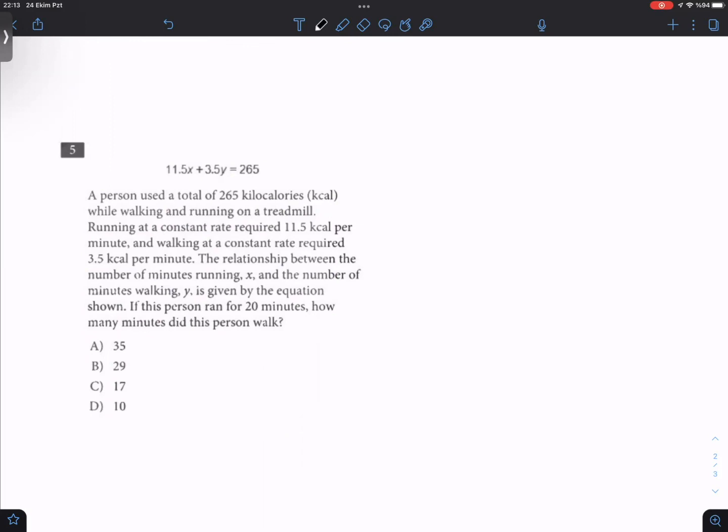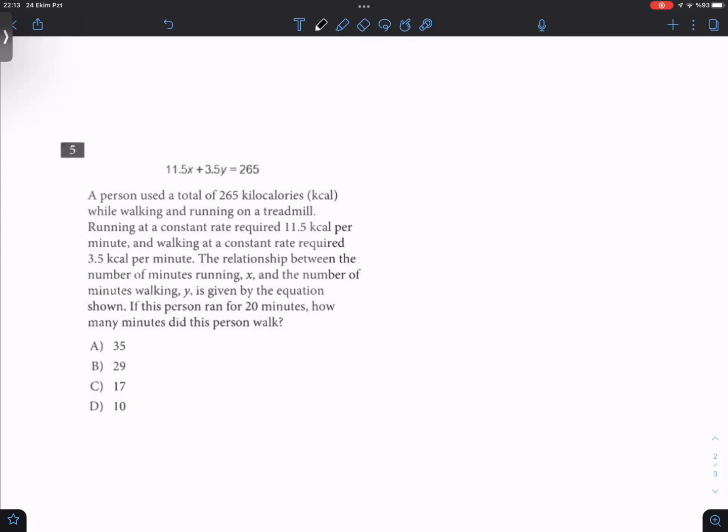Running at a constant rate required 11.5 kilocalories per minute, and walking at a constant rate required 3.5 kilocalories per minute. The relationship between the number of minutes running, x, and the number of minutes walking, y, is given by the equation shown. If this person ran for 20 minutes, how many minutes did this person walk?